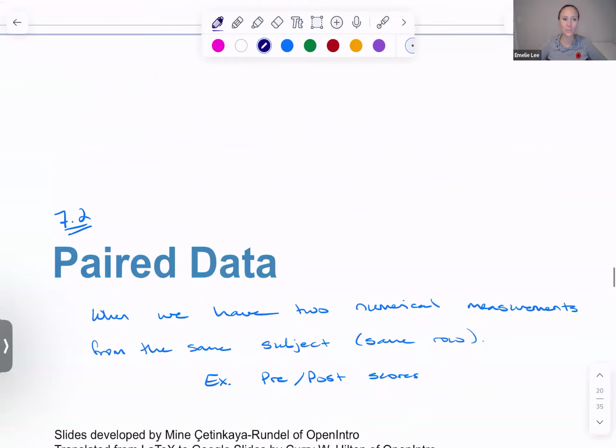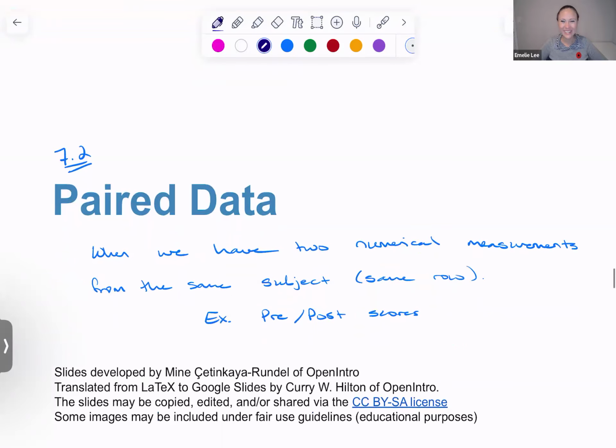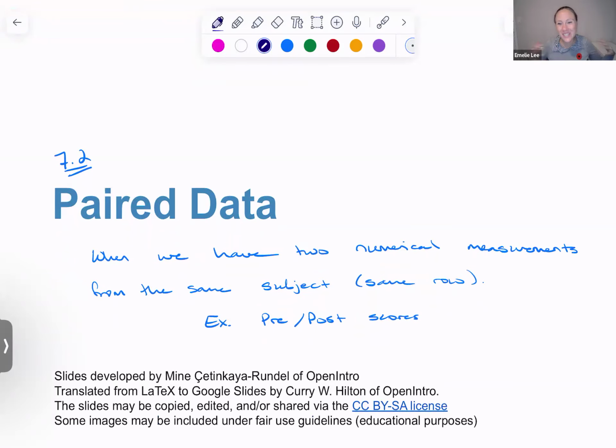Because what I want to do is just talk about paired data, which is the next section, 7.2. Because, spoiler alert, it ends up being the same as what we just did. Okay? With a twist. So, let's introduce it now.